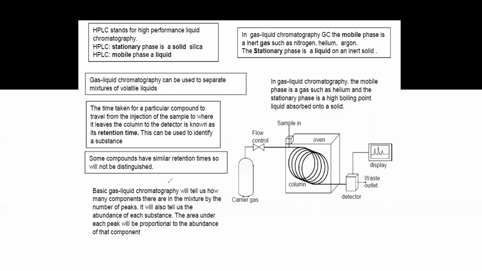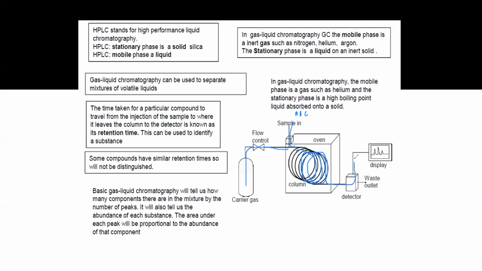Is this technique clear? We take the carrier gas flow and it carries the sample. The sample may be, for example, a mixture of three substances A, B, C. If A has more attraction, A will move slowly through this. B has greater attraction to the mobile phase, so it moves faster. C also moves slower.